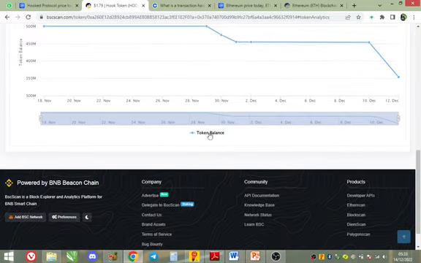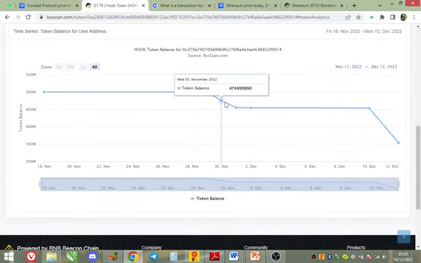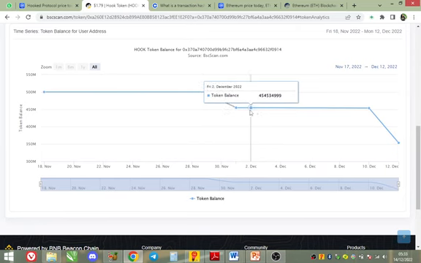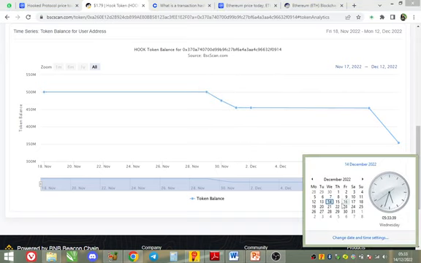If you can see all the token balance that they have left, you can see it continually. This is on the first of December, because I told you that the token was launched on first December.